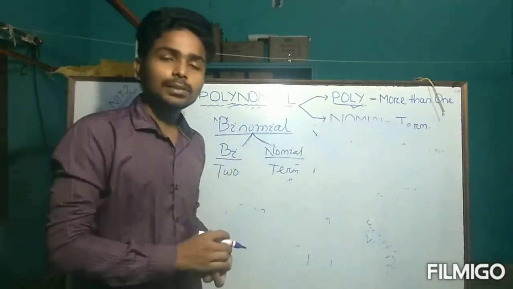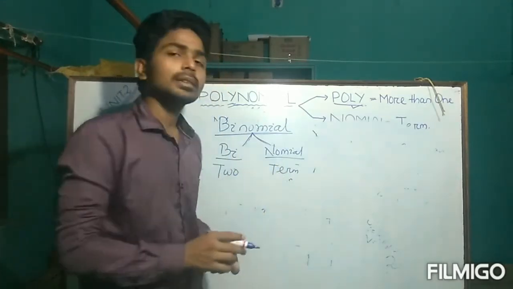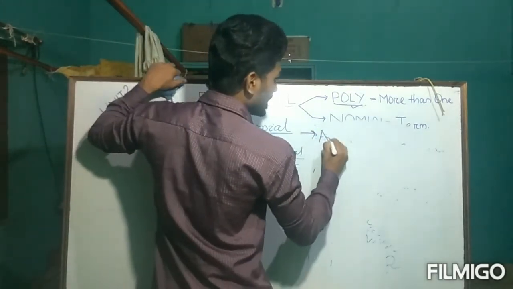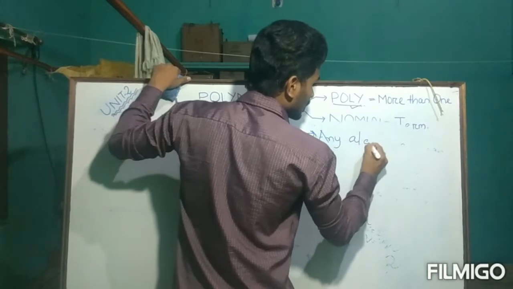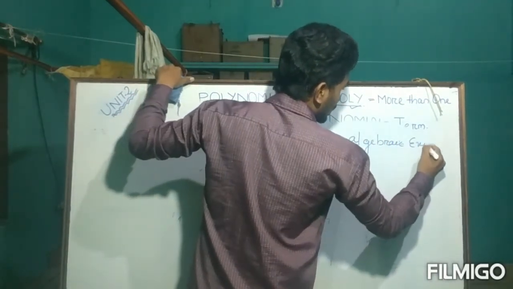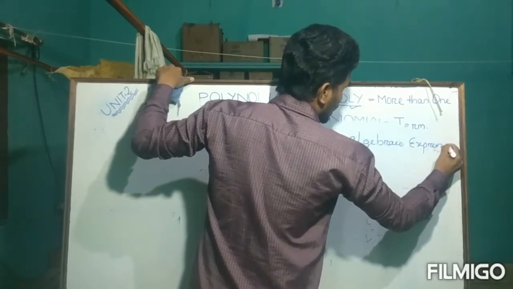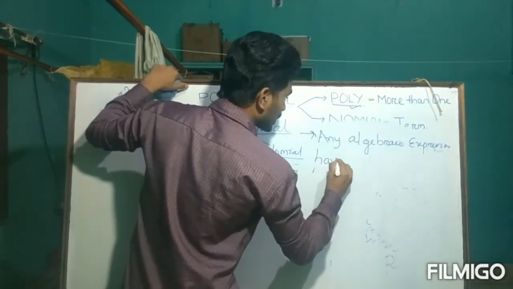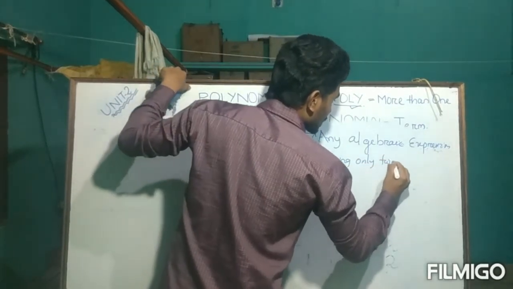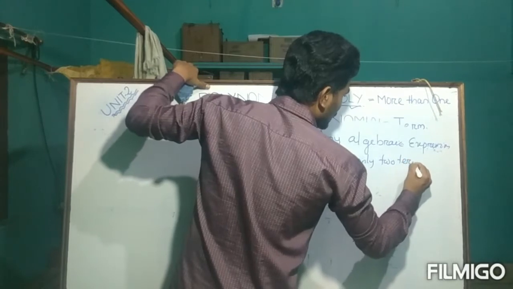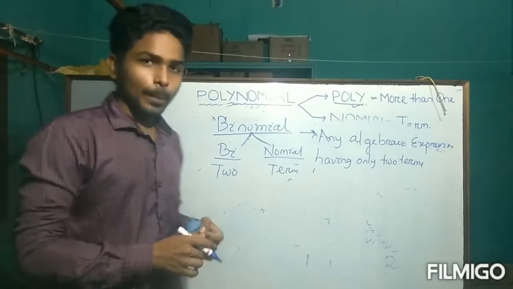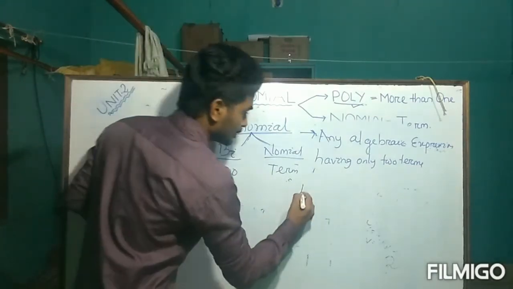Any algebraic expression which contains two terms is called a binomial. Any algebraic expression having only two terms is known as binomial. Understood? So let's take some examples.